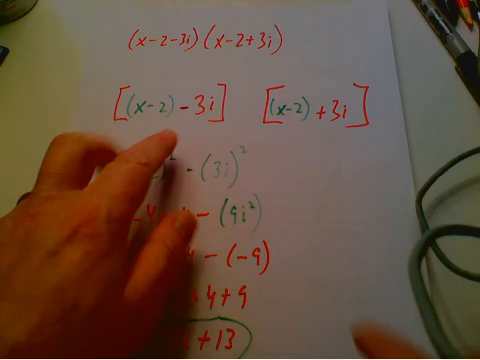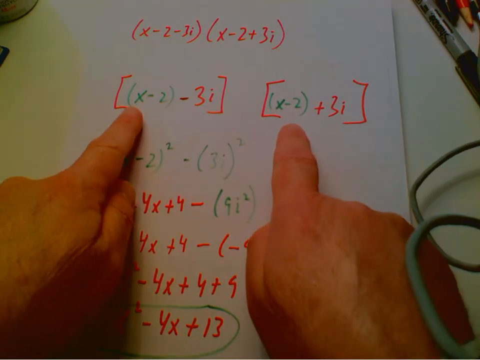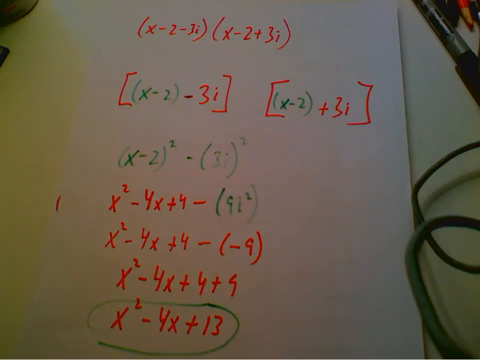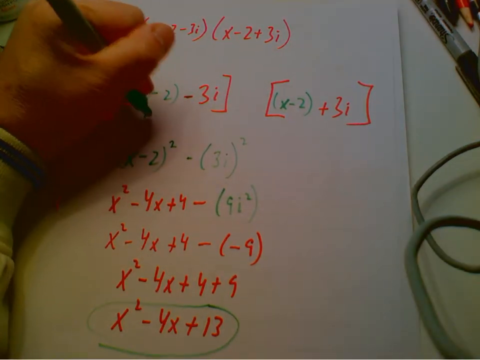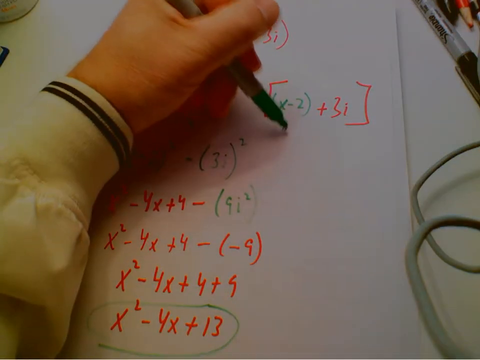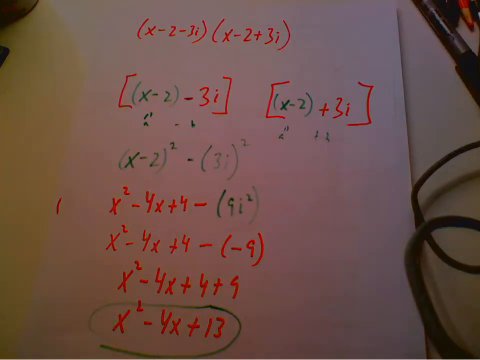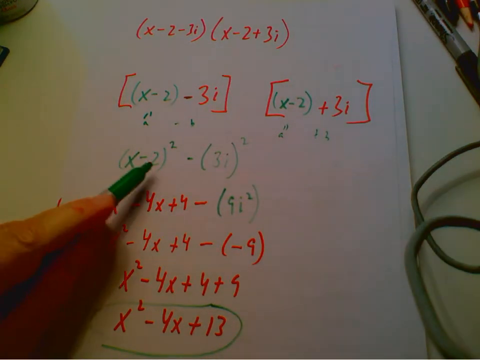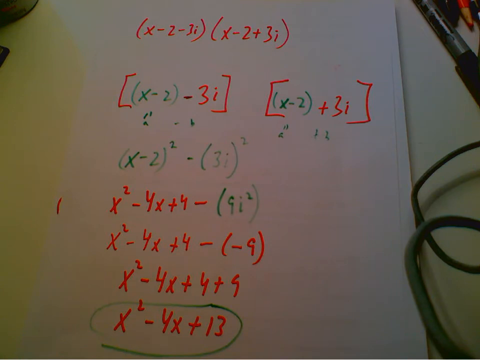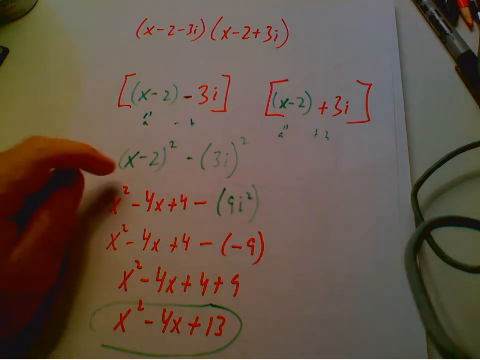This becomes nothing more than x minus 2 squared minus 3i squared. Remember again, this is my a minus b, a plus b. And here's my a squared. Here's my b squared.